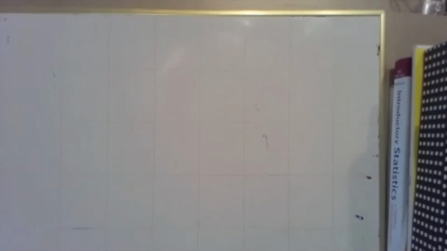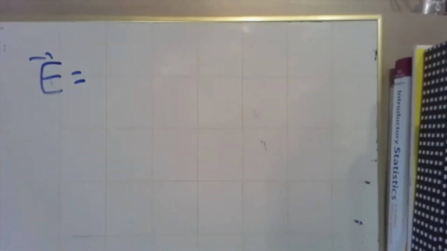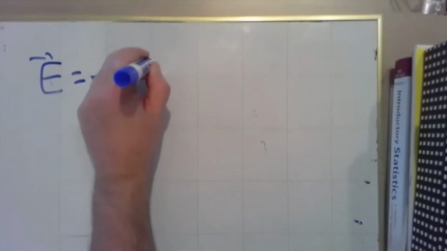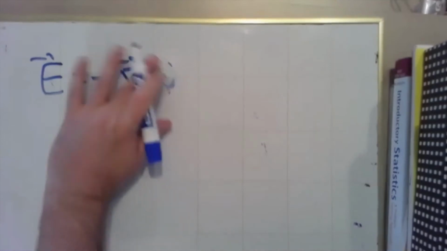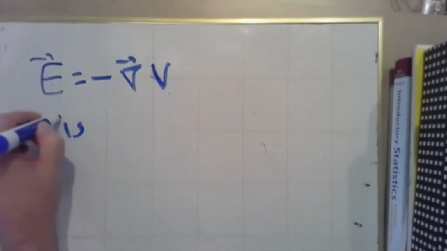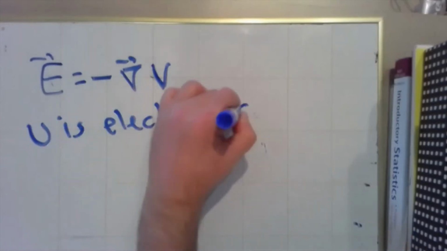Everything is the same concept when we talk about electric fields and electric potential. So first off, the electric field, we're going to put in this negative sign for convenience, is the negative gradient of some scalar function that we're going to call V, where V is the electric potential.